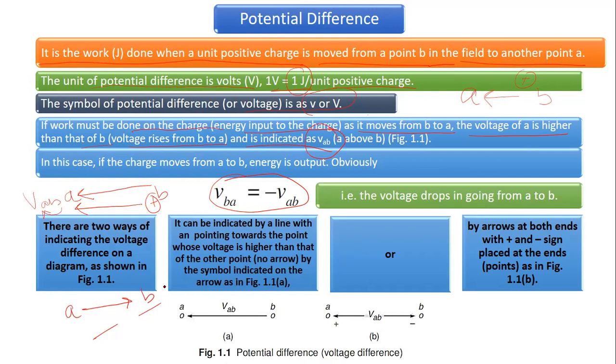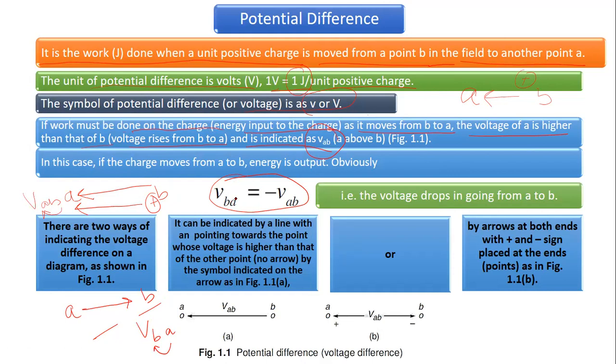Similarly, if it is from A to B, we will write VBA. So that means it is from, sorry, A to B. The voltage is from A to B, so the direction of voltage is from A to B. This is how we mark the direction of the voltage.